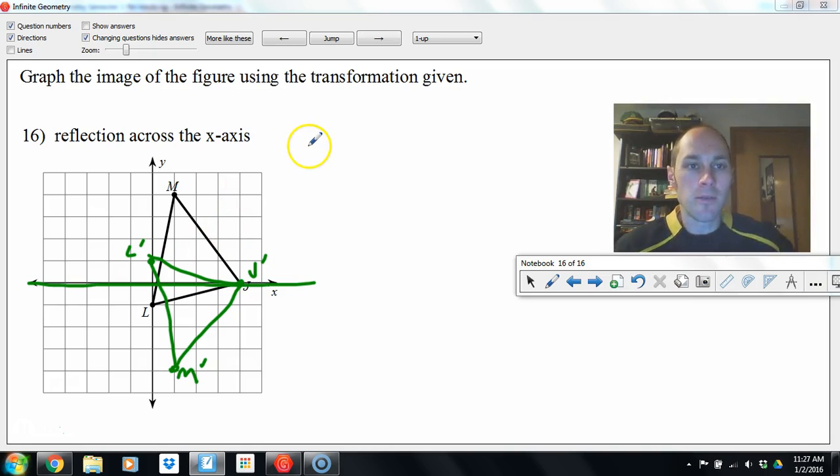Keep in mind we can do that the same way. The rule for reflecting across the x-axis: the x coordinate stays the same, but the y coordinate becomes the opposite.